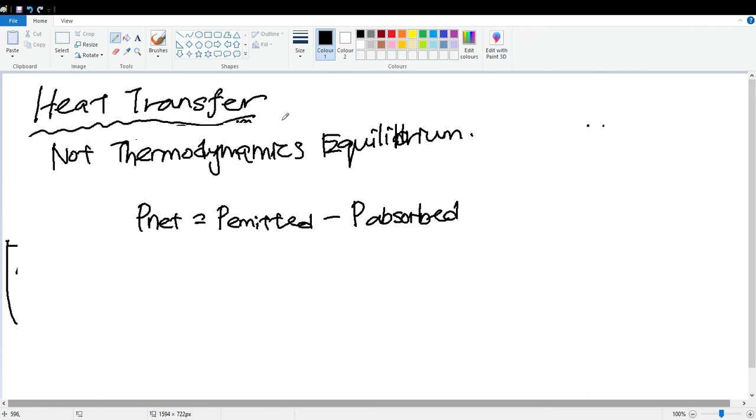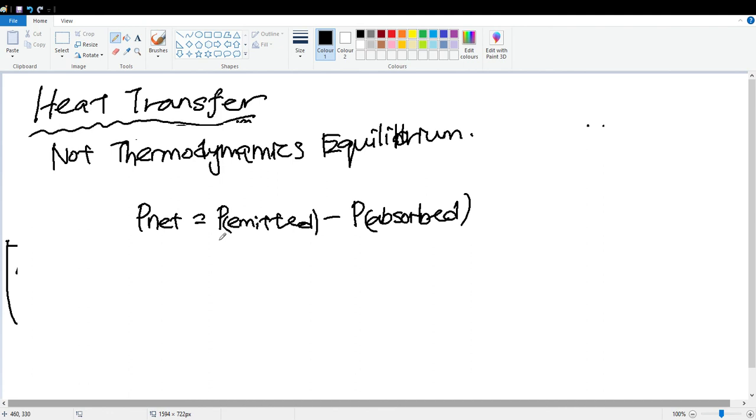I repeat again: if the object and the surroundings are not in equilibrium, there will be a net power which is equal to the power emitted minus the power absorbed.